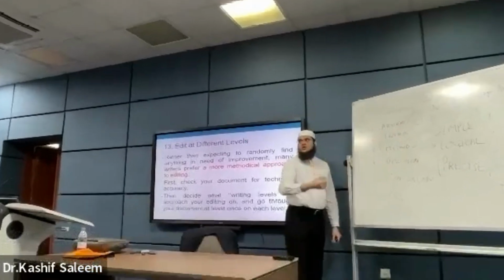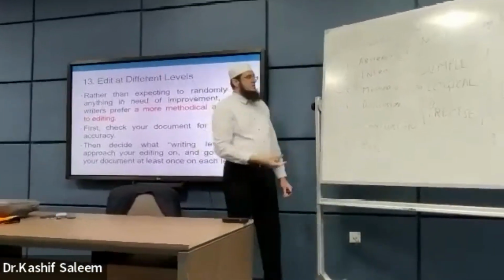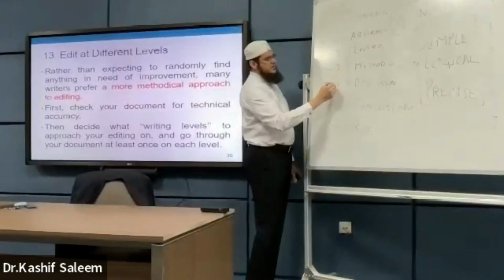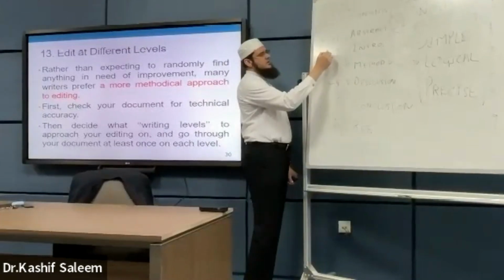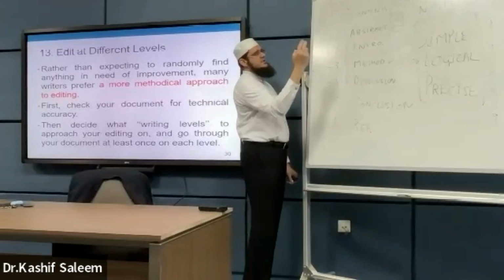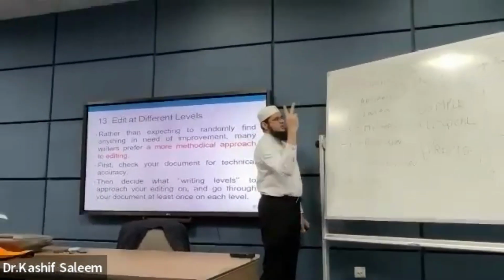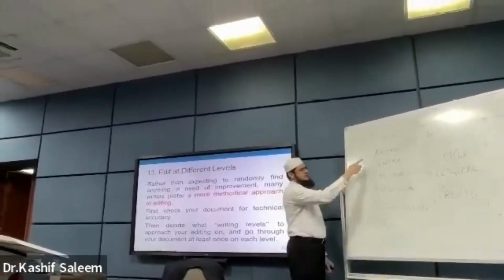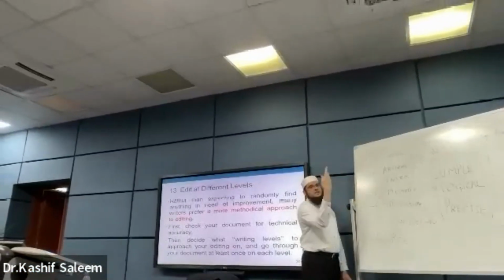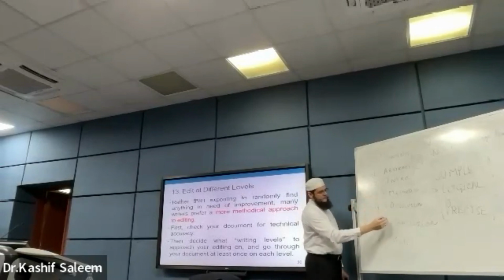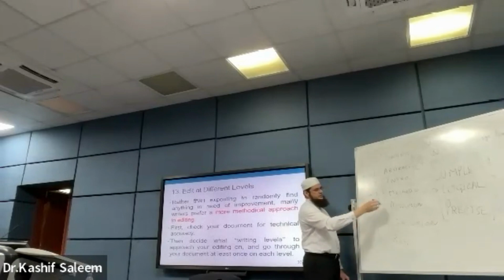Suppose you reach the discussion, then you go back to the intro, because this section is twice reviewed, and this section is also twice reviewed. The abstract is small, the introduction is very big. Now if you go to the conclusion, you go to the methodology to review the methodology.